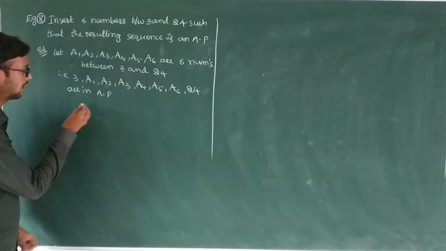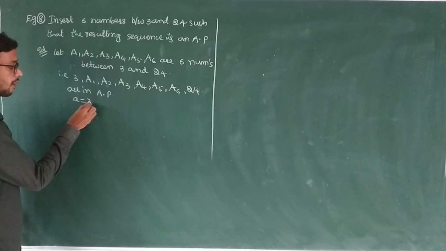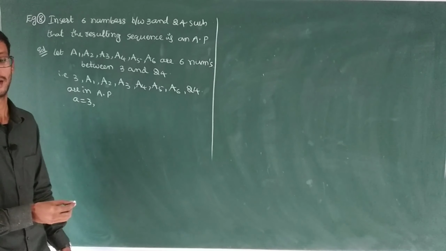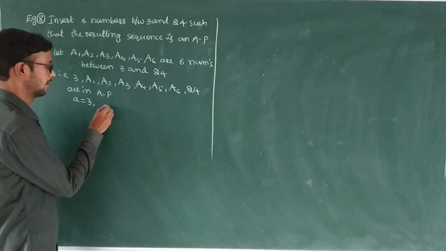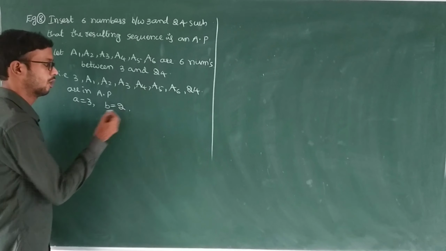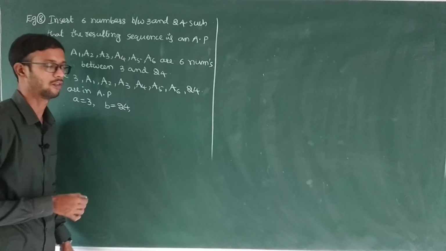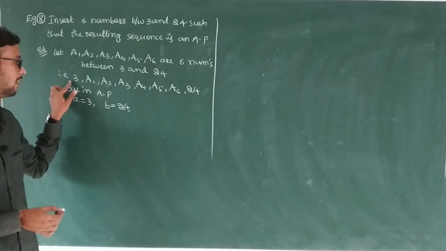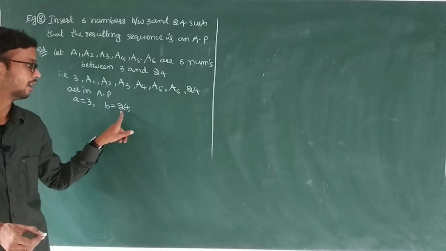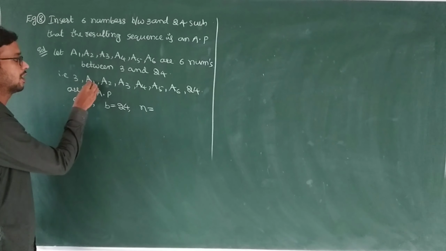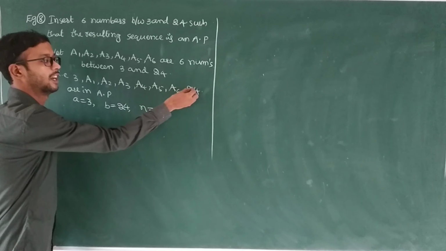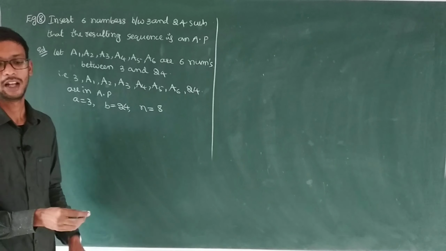So what is the first term here? A equal to 3. Next, B equal to 24. B is the last term. This is A, this is B, 24. And the number of terms, how many are there? 1, 2, 3, 4, 5, 6, 7, 8. So n equal to 8.